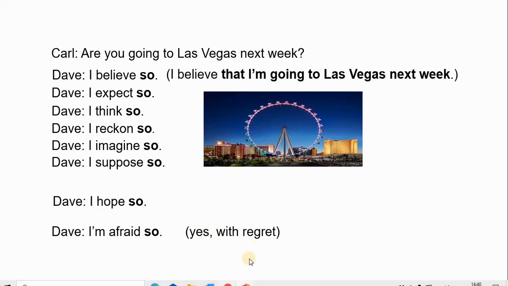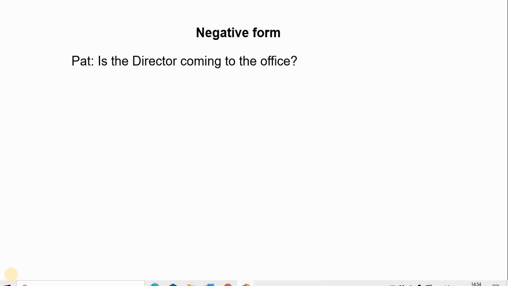Alright? So now the opposites. How do you put these structures in the negative form? Let's start with an example. Pat asked, is the director coming to the office? So here is the form for the negative. So we put the verb in the negative form.